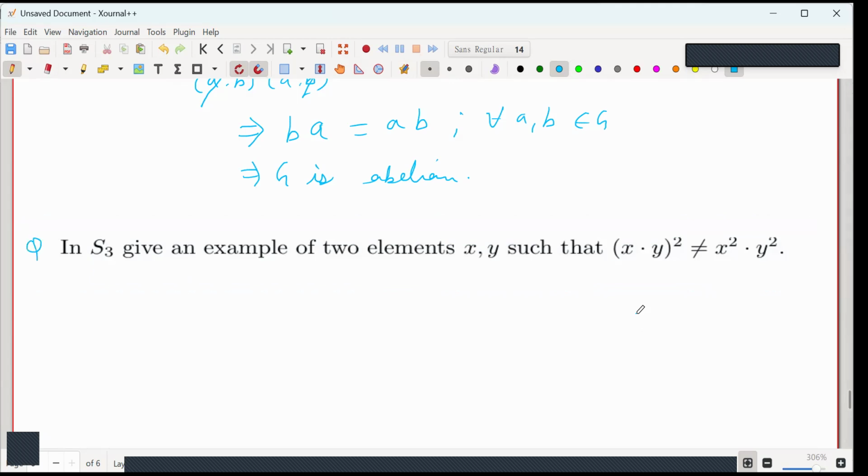Can you just find two elements in S3 for which (XY) squared is not the same as X squared Y squared? It's a very natural question to ask, because S3 is not abelian. Try to find. Now you know everything about S3. Just find two elements.